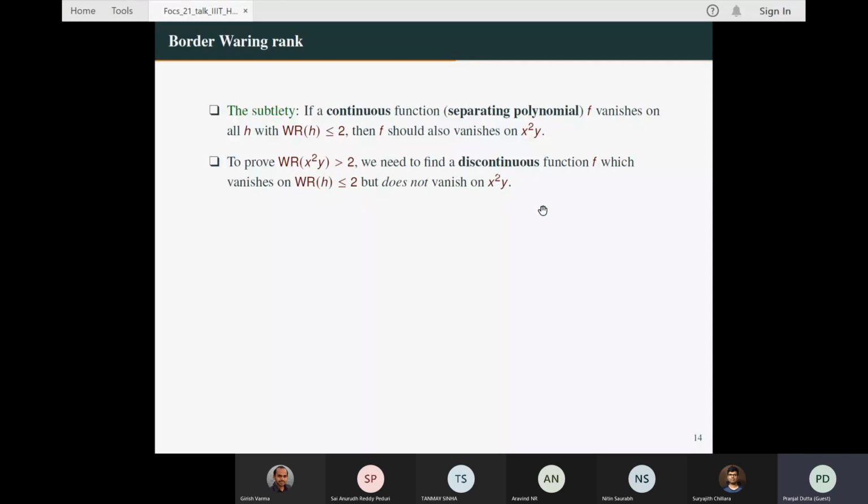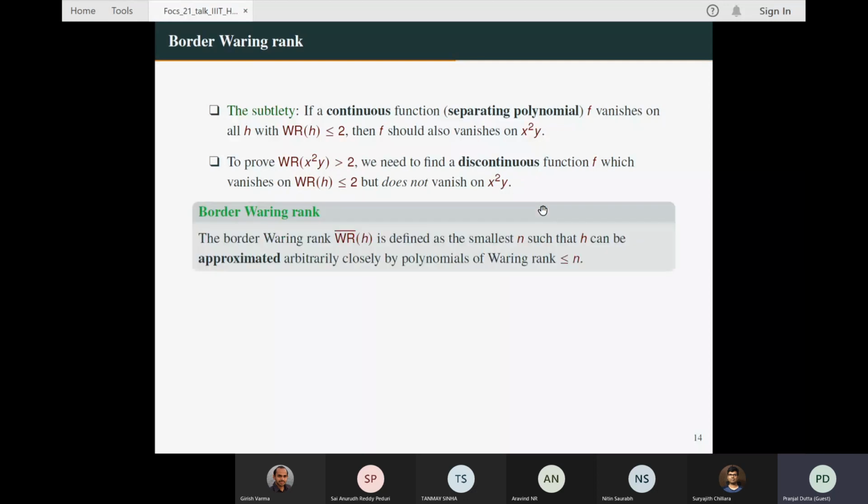And this discontinuity is what we really want to avoid. In mathematics, we really want to talk about continuous mathematics so that life is easy, in particular for polynomials, if it is possible. So for that, we define border Waring rank. What is the border Waring rank? I am saying that h can be approximated by polynomials of Waring rank less than or equal to n.